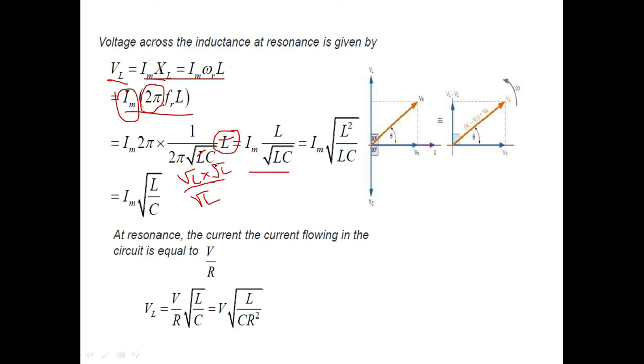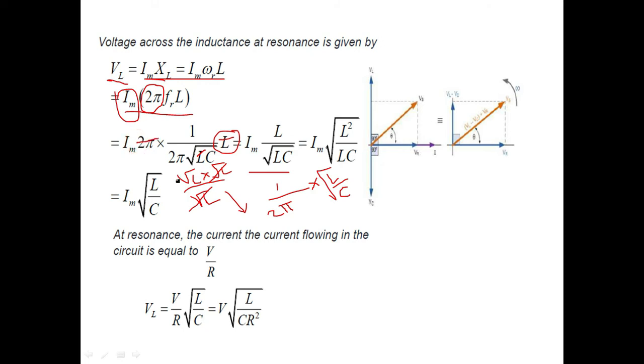So root L and root L get cancelled, and the equation becomes 1 upon 2 pi into under root of root L upon root C. Modifying that equation, 1 upon 2 pi into under root of L into C, the equation becomes Im into 2 pi, and one more 2 pi.